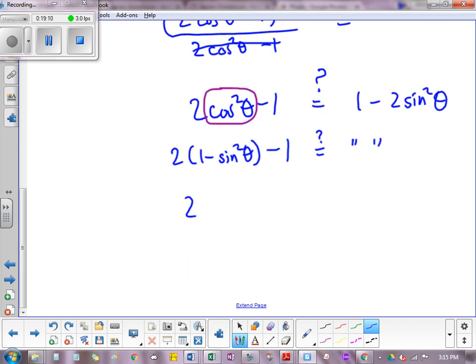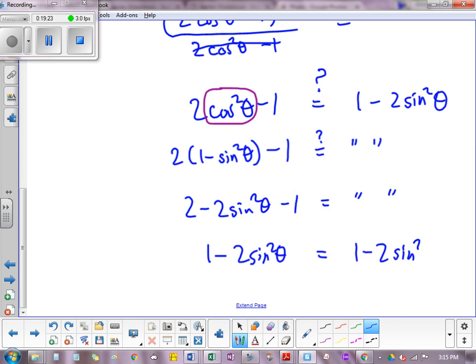And this gives me 2 minus 2 sine squared minus 1, which is 1 minus 2 sine squared. Okay, so this is what we had to show. QED.